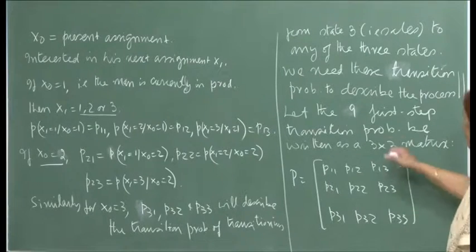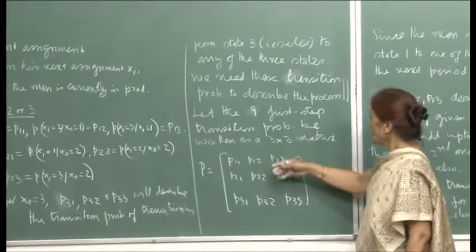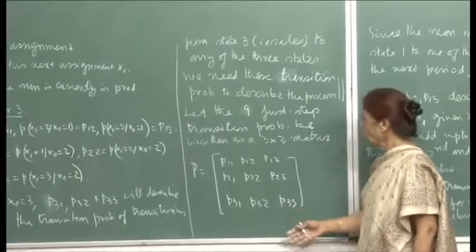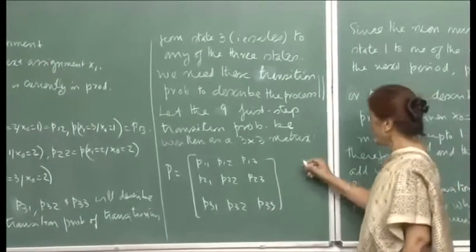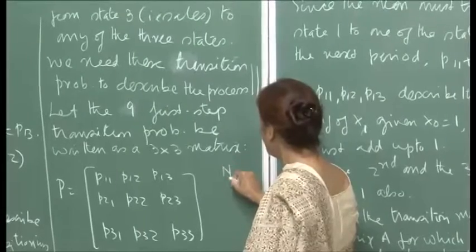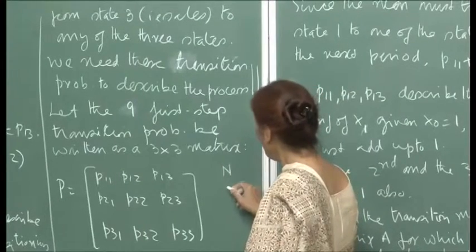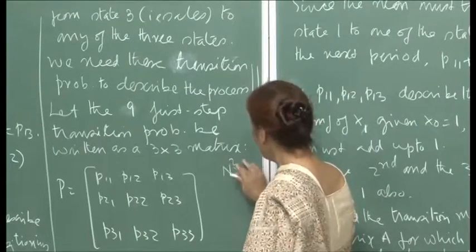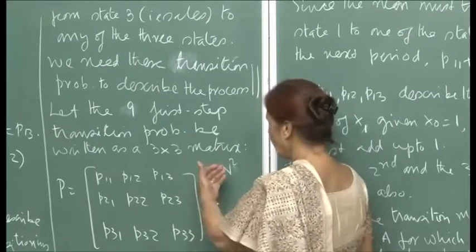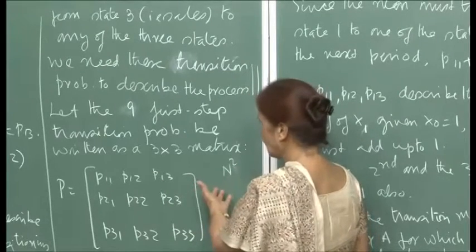So the 9 first step transition probabilities can also be written as a 3 by 3 matrix. Remember, if the number of states is capital N, then your transition probabilities will be N square, because you can go from one state to any of the N states.